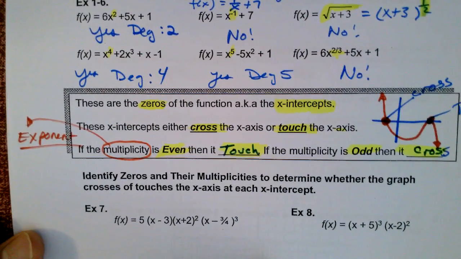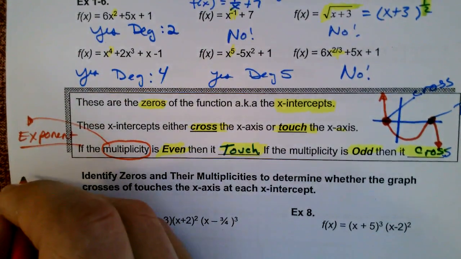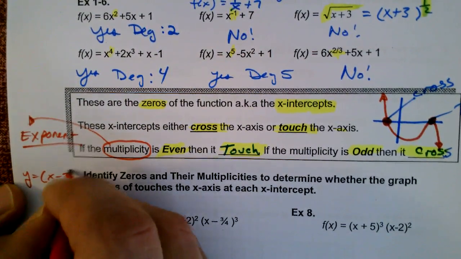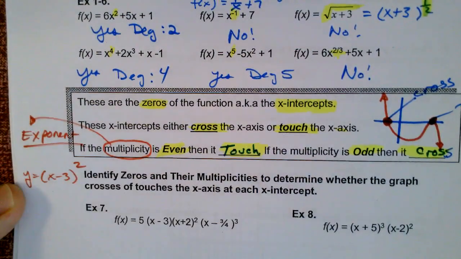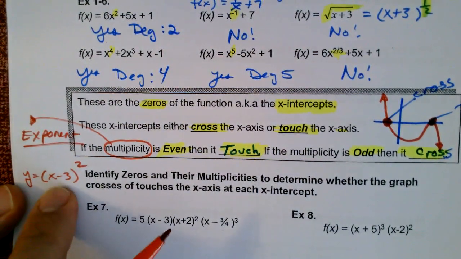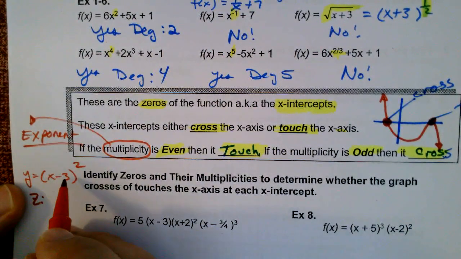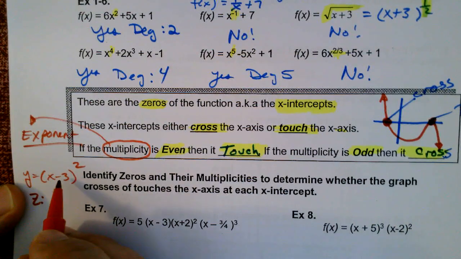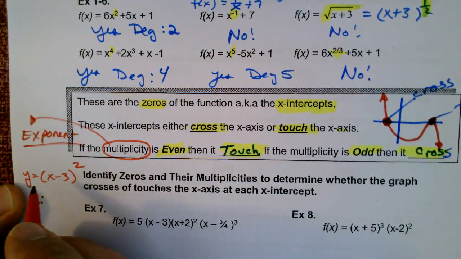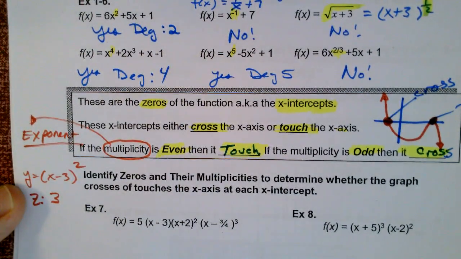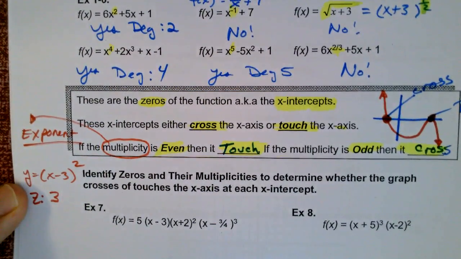Okay, so for example, if I have x minus 3 squared, the zero would be what makes the quantity zero. So x minus 3, if I plug in a positive 3, 3 minus 3 is 0, and that's the 0 or x-intercept.